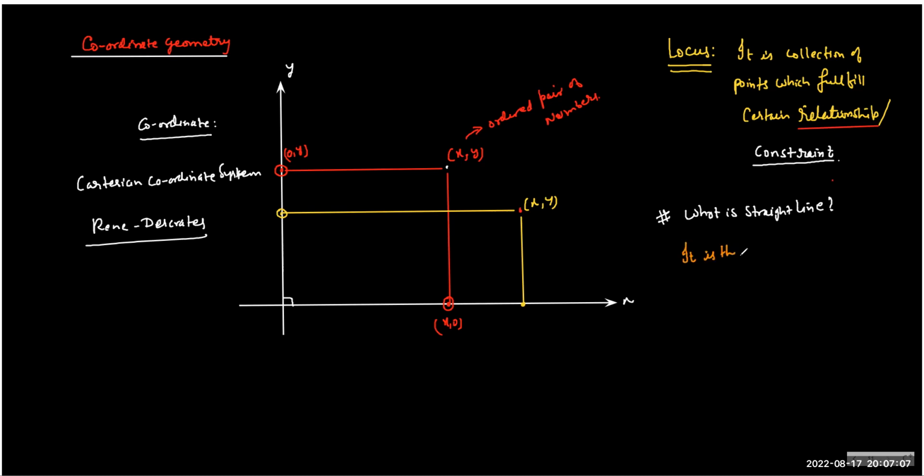It is the locus of points such that the slope of any 2 points on the curve remains constant or remains same.